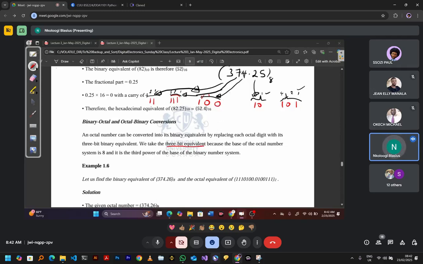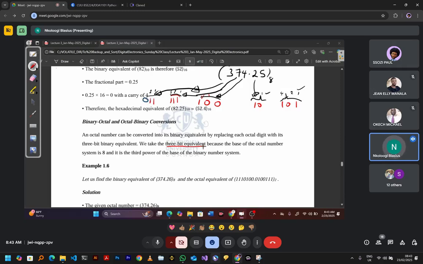I'm seeing, for example, on 4, I already have the group of 3. Even that's the case for 7. What about the 3? What should I do to this? I add a 0 on the left hand side since I'm on the integer part.